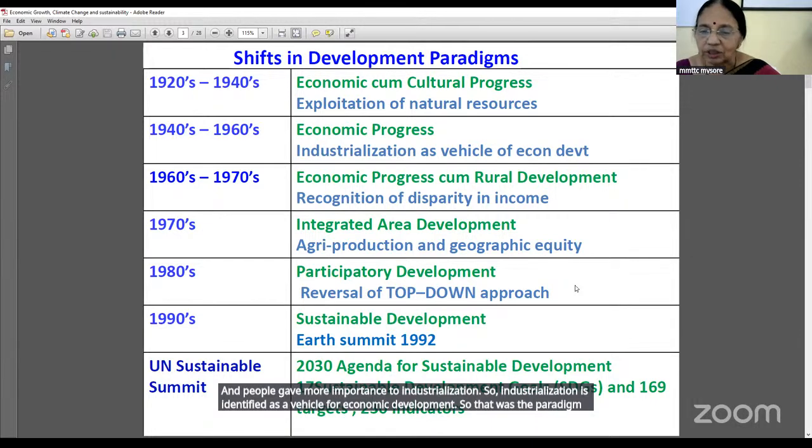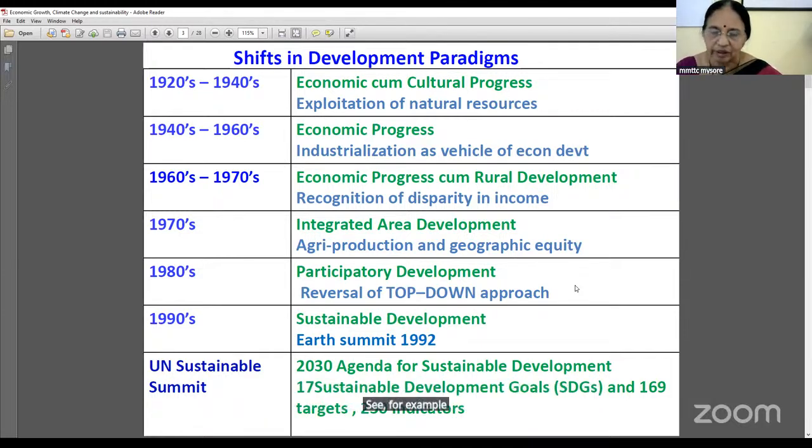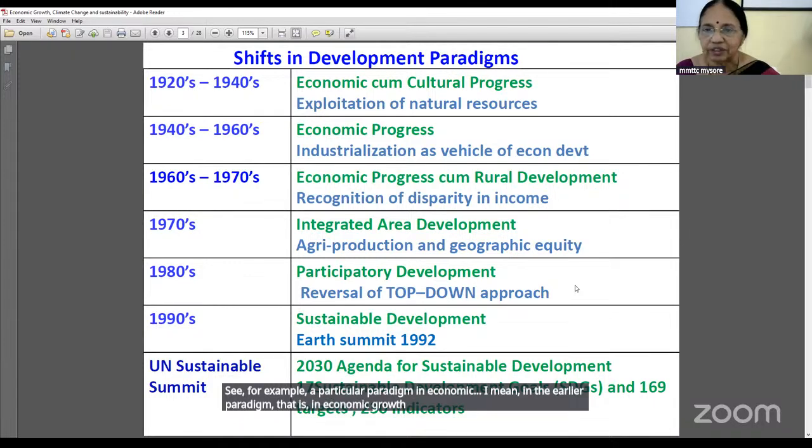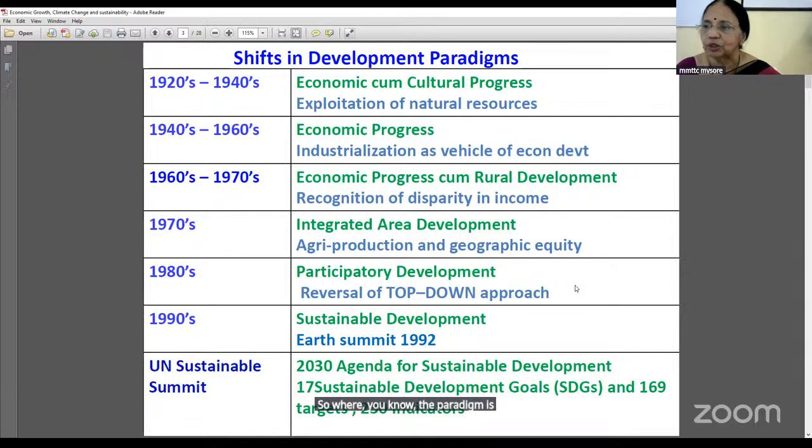See, why I'm talking about paradigms is that each paradigm will result in different kinds of prescriptions. For example, in the earlier paradigm, economic growth is given importance, where the paradigm is use resources and produce.